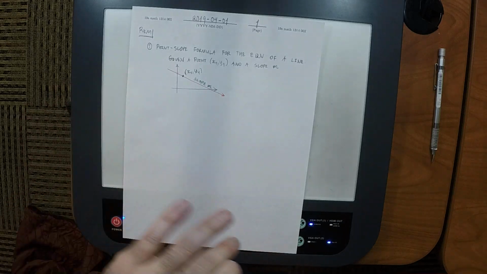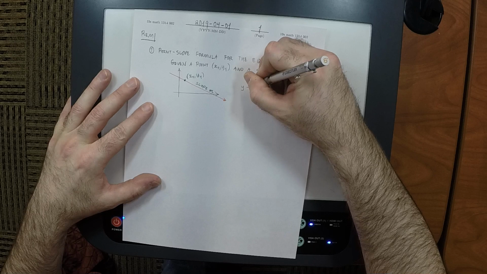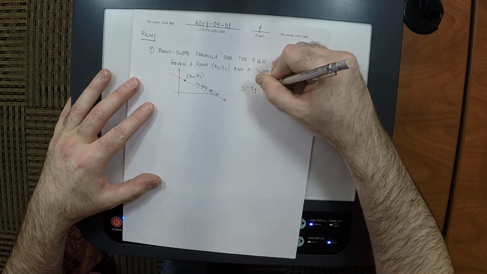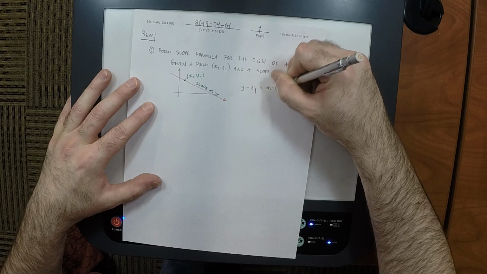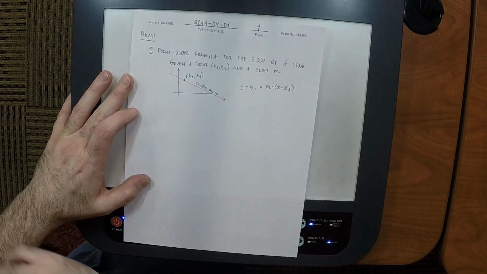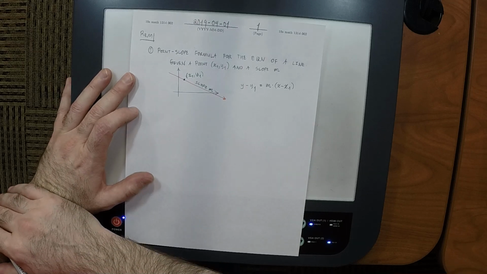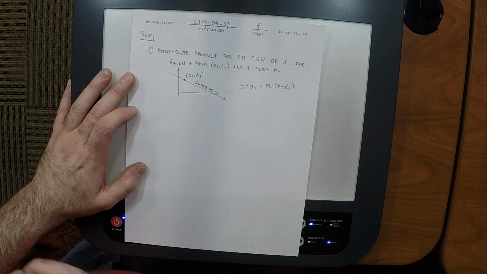A situation like that. Then the formula is y minus y1 is equal to m multiplied by x minus x1. All right. That's the point-slope formula.